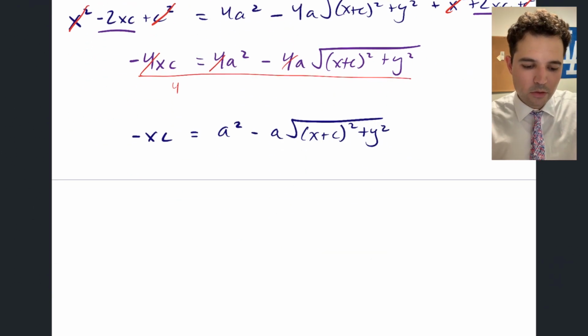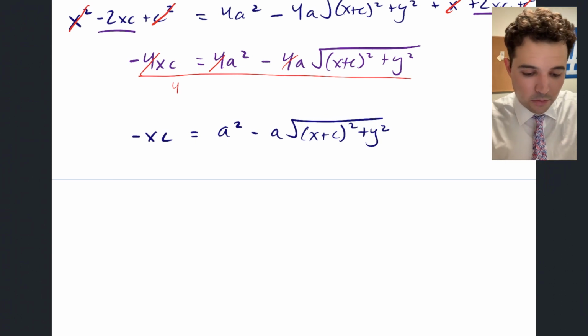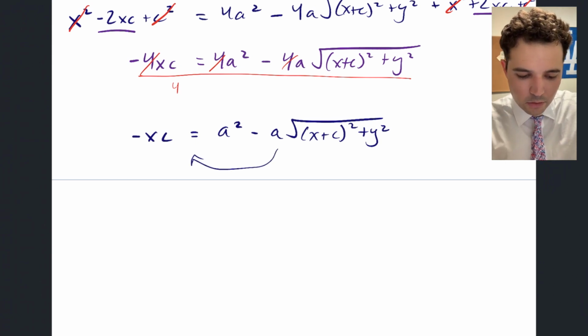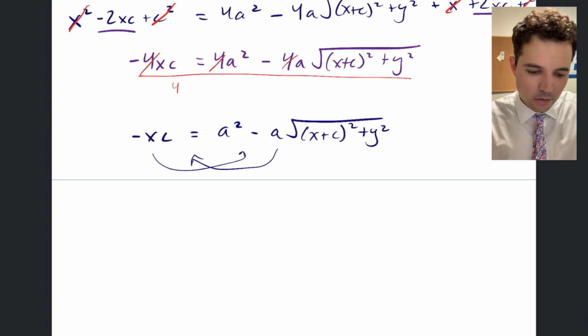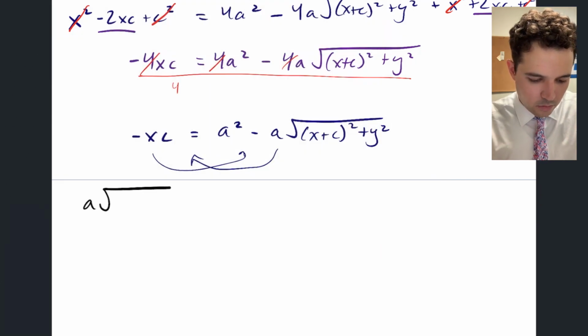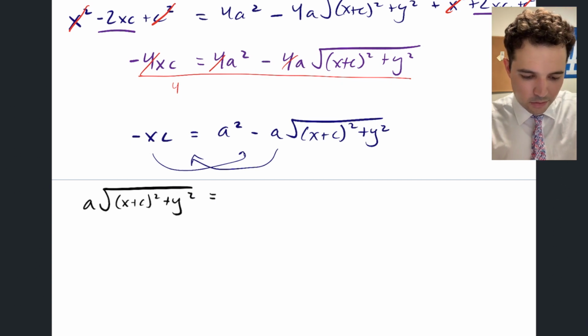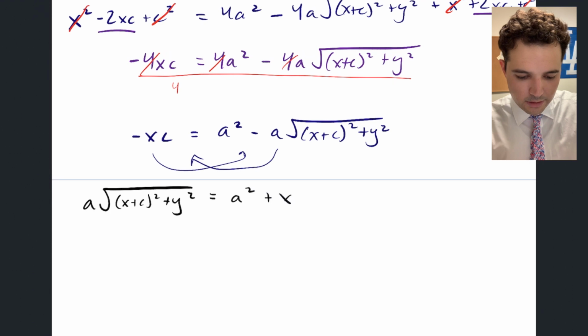Now, if you don't enjoy working with negatives, we can move a couple things around here. So I'll add this radical to both sides and then add the x plus c to both sides. And that will give us a with our entire radical expression is equal to a squared plus xc.